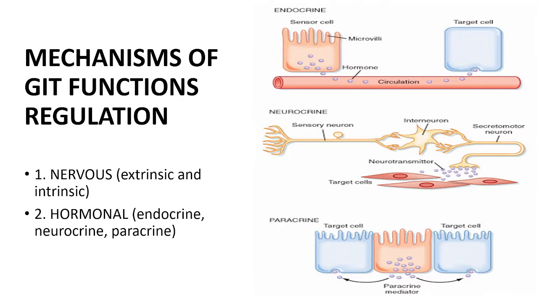When we are talking about the control of GIT functions, we are talking about two major mechanisms, nervous and hormonal. And it's important to say, and we will see it in the lectures to follow, that from the oral towards the aboral end of the gastrointestinal tract, the role of nervous mechanisms decreases, while the role of endocrine increases.